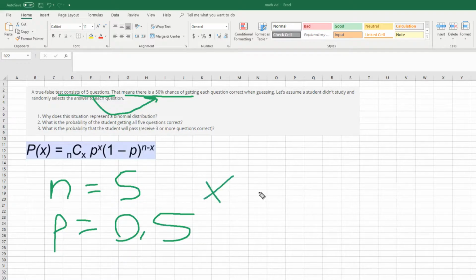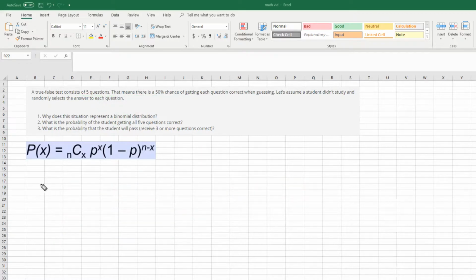And x is your number of successes or failures depending on what you're searching for. In this case, we are searching for 5 correct answers. So x is 5.